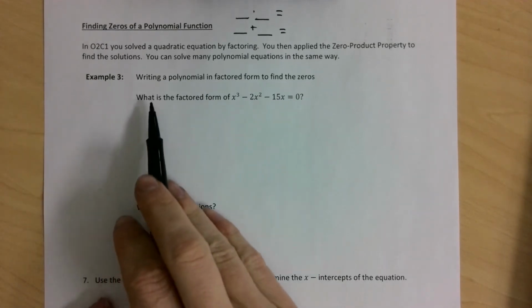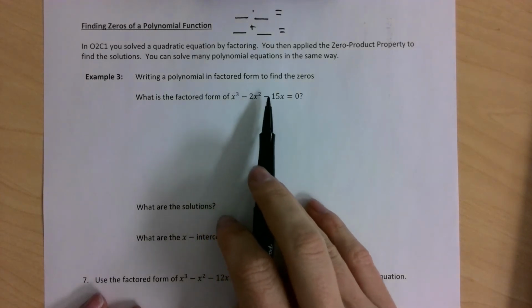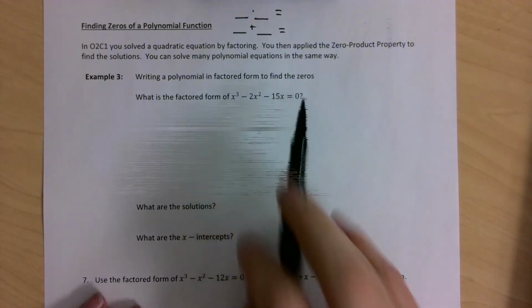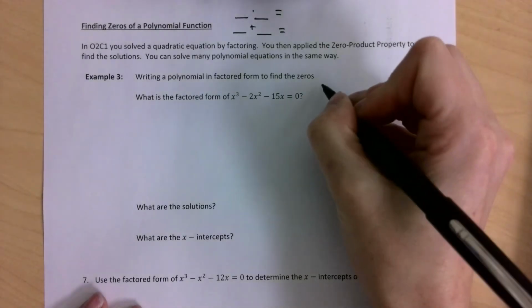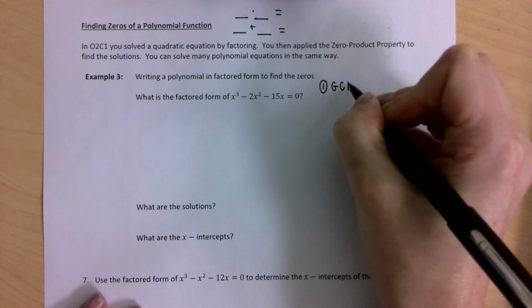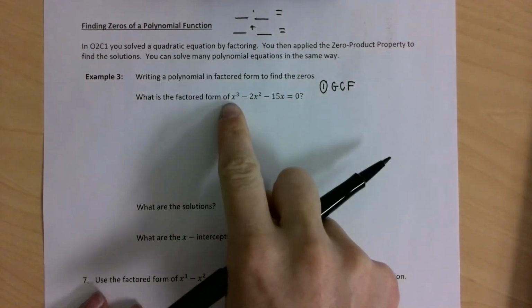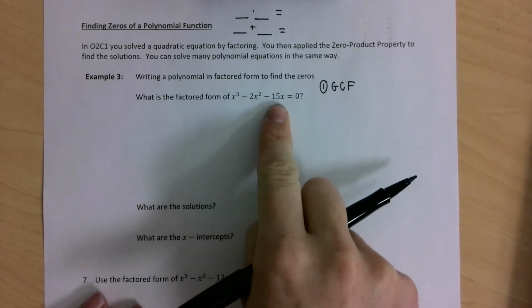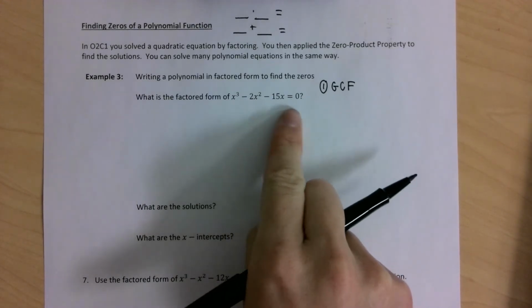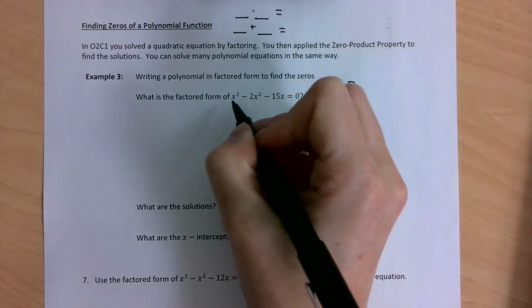So example 3 gives me x cubed minus 2x squared minus 15x equals 0. Now whenever we are factoring, the very first thing we want to do is look for a GCF. Number-wise, I see 1, -2, and -15. I don't think that there's any number I can divide by, but I am noticing they all have an x in common.